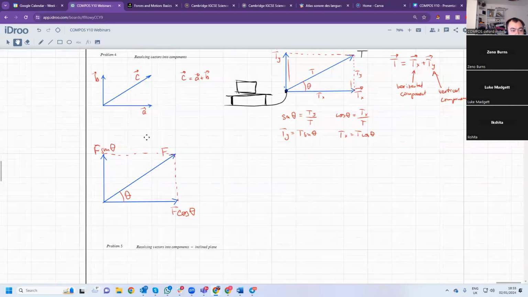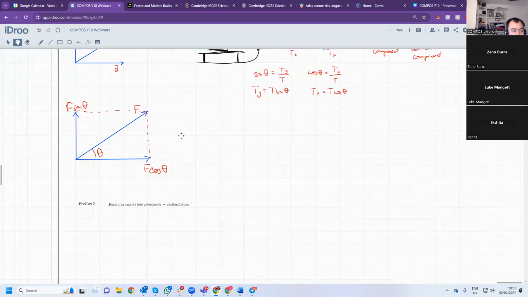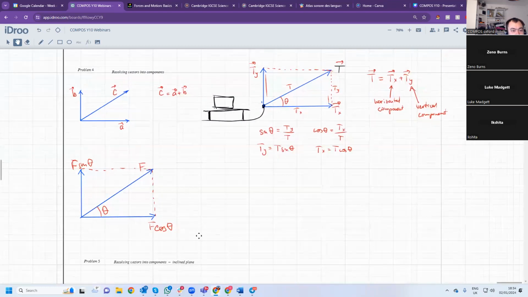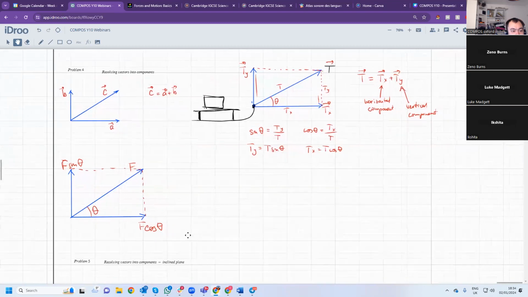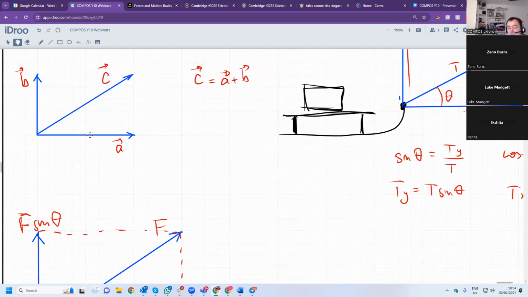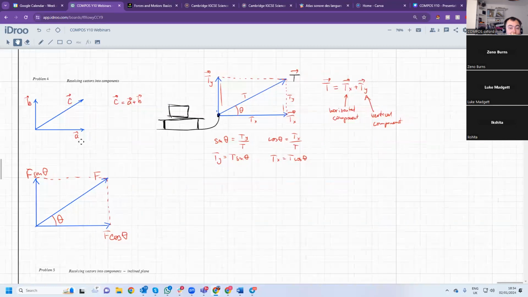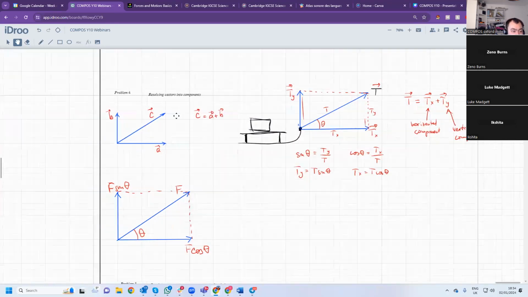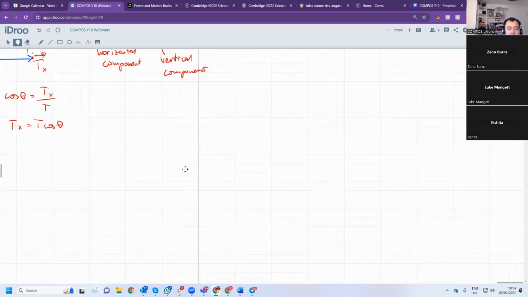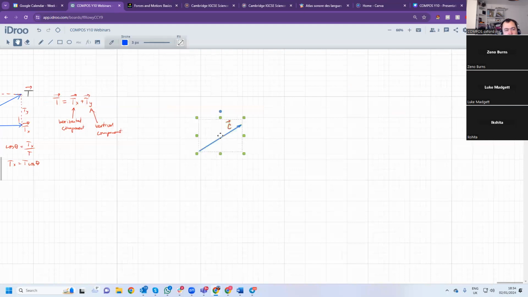Right. So resolving vectors into components. Now, this is not a single way you can do this, of course, because look, if you have vector c, let's do vector c and write it here.